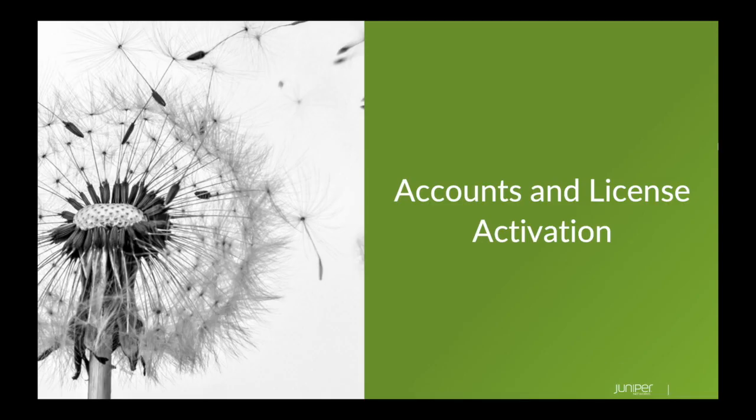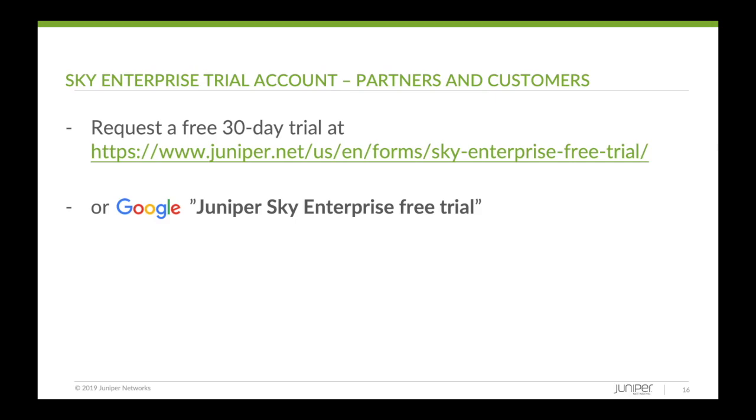So in this section I want to talk about how you actually get an account on Sky Enterprise, and then once you've placed an order, how you activate your license. We have a lot of people who first want to try the platform, and we have a 30-day free trial available for that purpose. This is available to all partners and customers, and you can simply request a 30-day free trial by going to the Juniper web page for Sky Enterprise free trial.